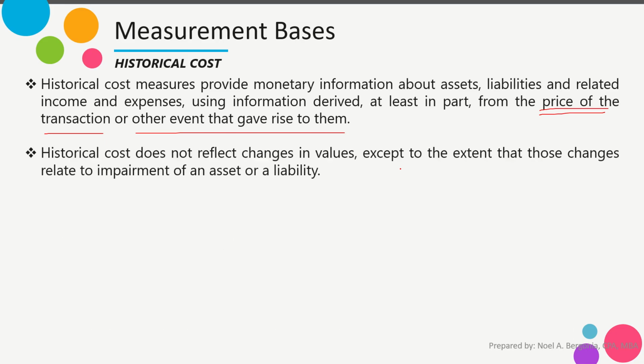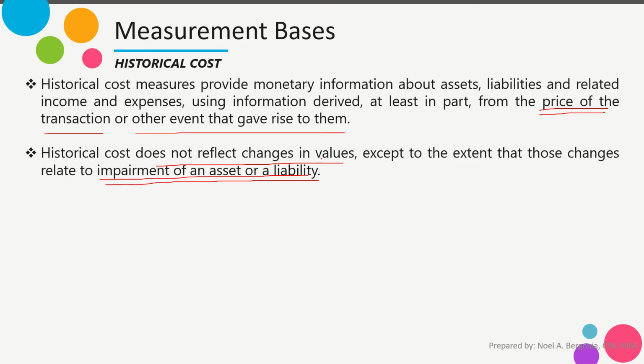Also, take note that since we are referring to the original costs, historical cost does not reflect changes in value. So historical cost is the original cost and it does not change in value, except for an exception based on the conceptual framework, up to the extent of changes because of the impairment of assets and liabilities.